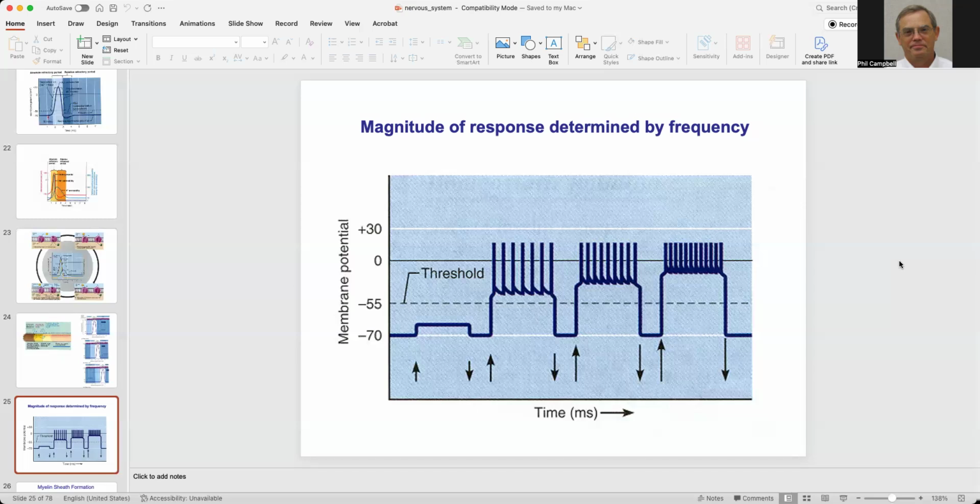Right? So let's increase stimulation. That means I'm getting closer to 0. So now instead of minus 50, it's minus 45 or minus 40. So same thing is happening. It's going to get to here, it's going to go up. It's not going to come all the way back down. And I can get more action potentials per same unit time. Right? Now, let's stimulate it some more. So what that means, I'm going to even get more action potentials.